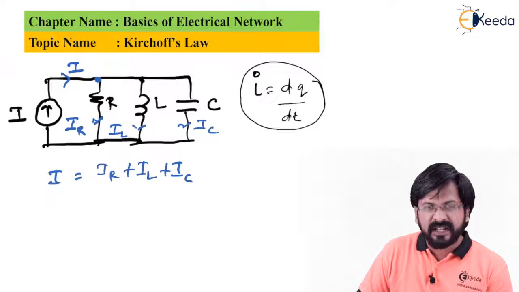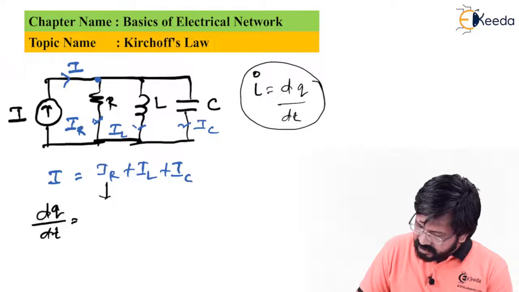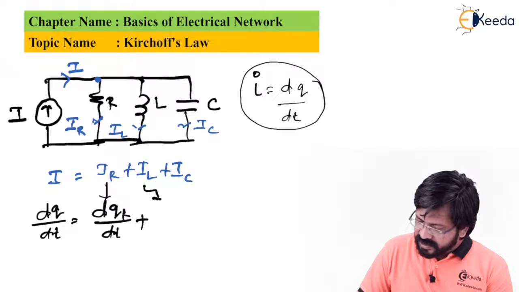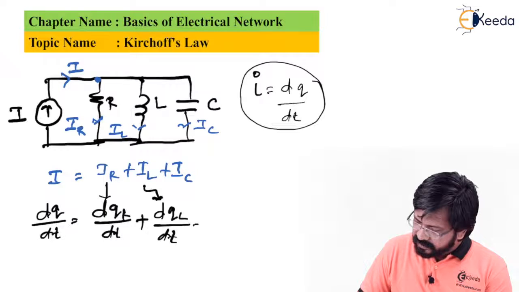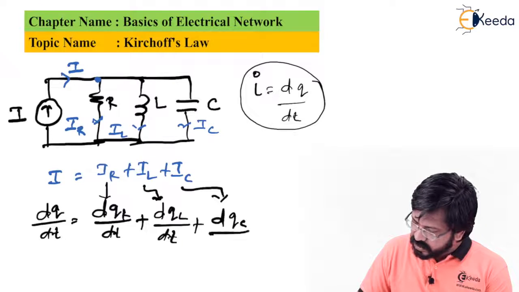I can write I as dq by dt, the current through the resistor as dqR by dt, IL as dqL by dt, plus IC as dqC by dt.